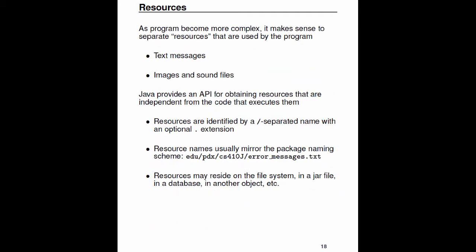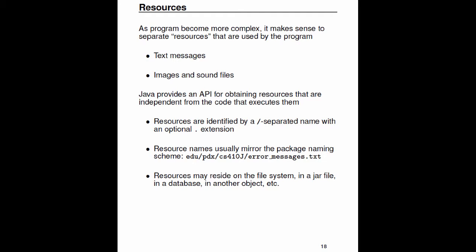There's one other part of the Java APIs called resources that's implemented using reflection that I want to go into in some detail. I think it's another good example of how class loading can be used. Actually, in this case, it's not to load classes as much as it is to find these so-called resource files. As your program grows and does more things, gets more complex, you want to separate out resources that are used by the program from the program source code itself.